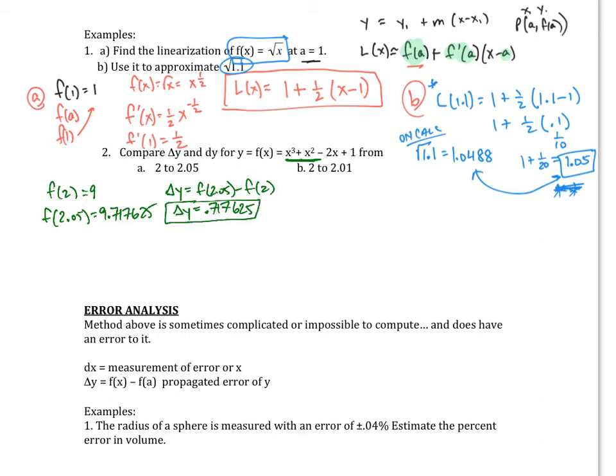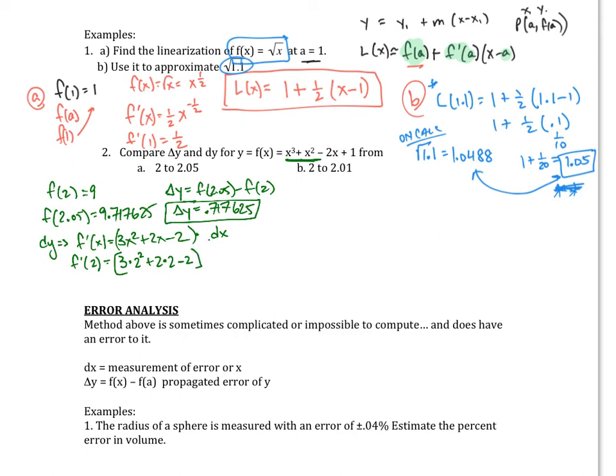Now we want to compare to dy. Well, dy means I need to take a derivative. So I need f prime of x, and in this case, I will get 3x squared plus 2x minus 2, times my dx, right? So at f prime of 2, I'm going to say 3 times 2 squared plus 2 times 2 minus 2.